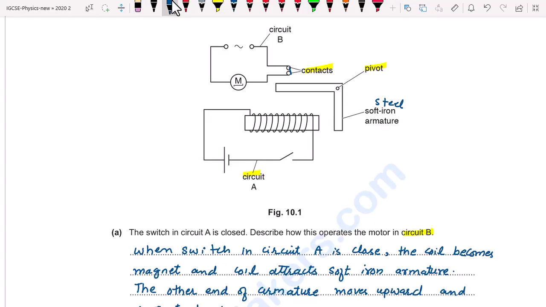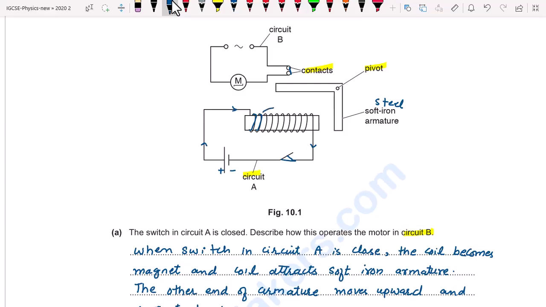When we replace this and then again close the switch in circuit A, then again the current starts to flow from the positive to the negative terminal of the battery, and the current also passes through this coil, due to which there is also a magnetic field.